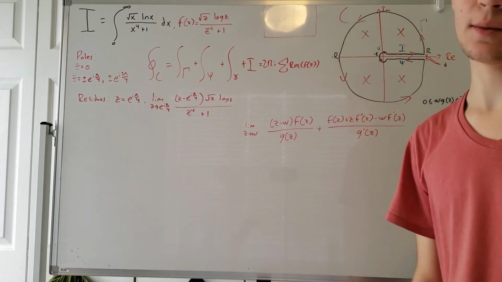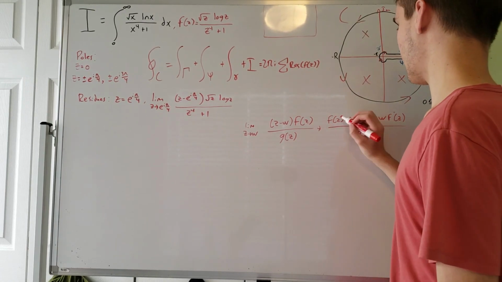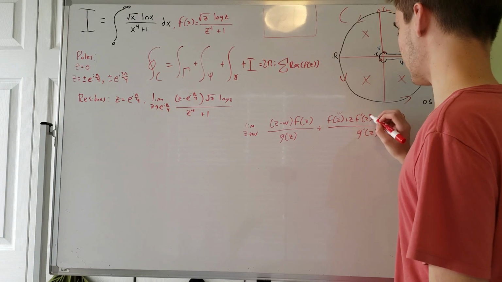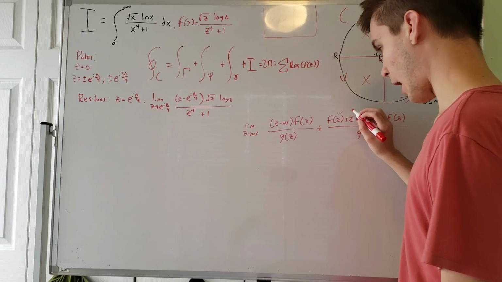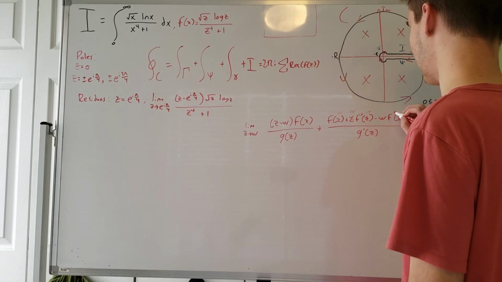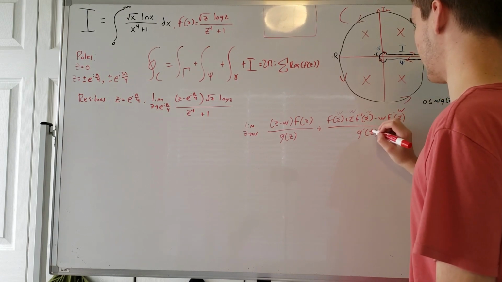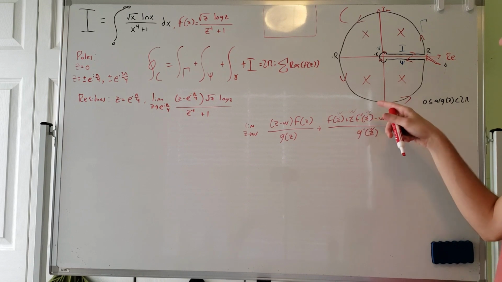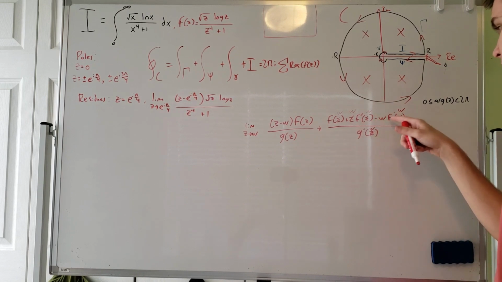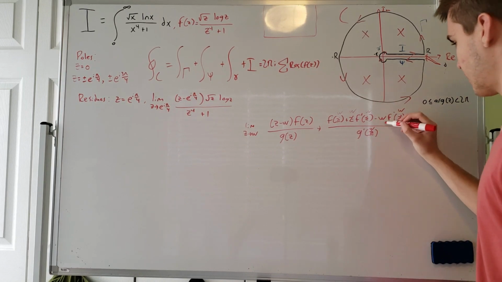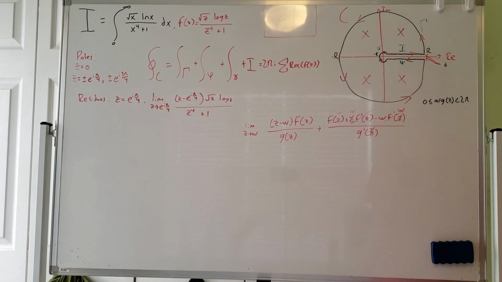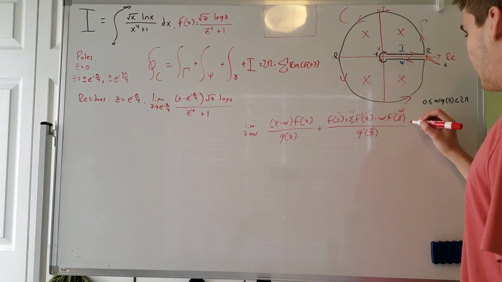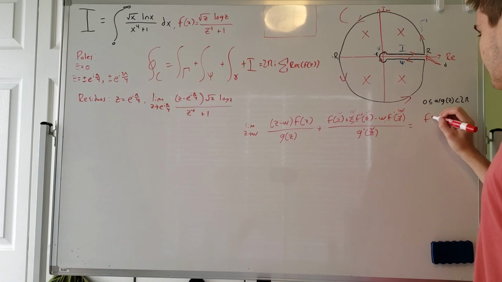Now, as we plug in w for z, each of these turns to a w. But now notice, we have f of w plus w f prime of w minus w f prime of w, which two conveniently cancel out. So when all is said and done, this limit is equal to f of w over g prime of w.